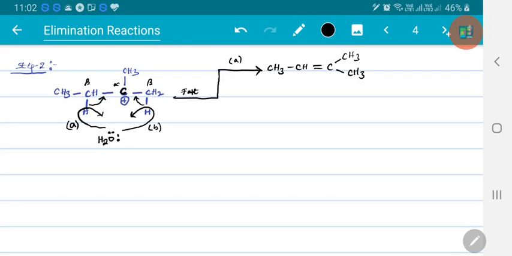Reason? More number of hyperconjugative structures. This is sp2 carbon, and this is alpha carbon to the sp2 carbon. Over this there are hydrogens, and these hydrogens are involved in hyperconjugation. Totally 3, 3, 6 and 3, so 9 hydrogens are involved in hyperconjugation. Therefore it becomes more stable. So this is the major product.